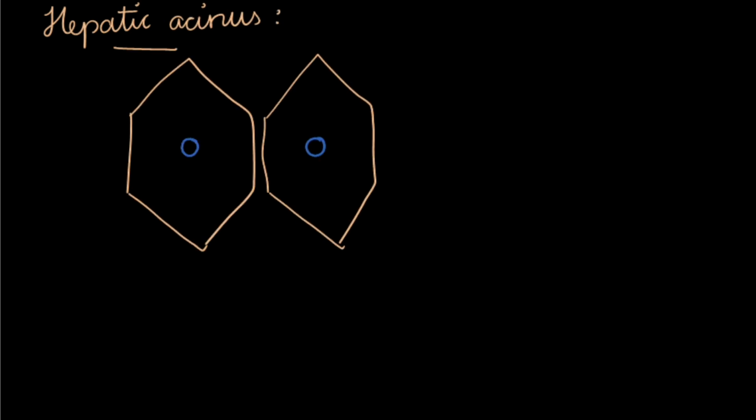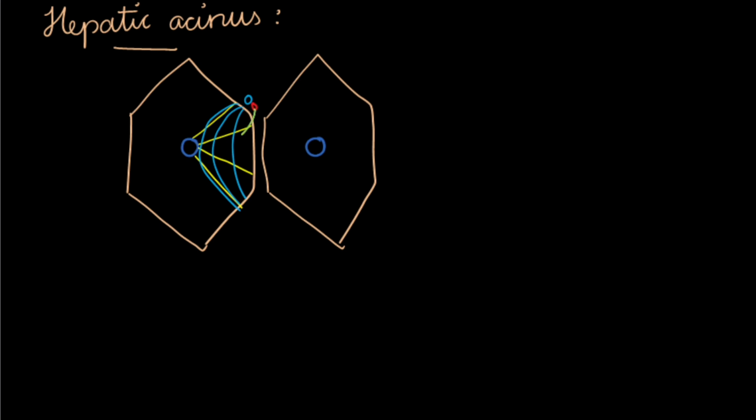Now regarding the hepatic acinus, which forms the functional unit of the liver, this acinus is divided into three zones based upon the blood supply: zone 1, zone 2 and zone 3. You can guess which zone's hepatocytes will receive more blood.